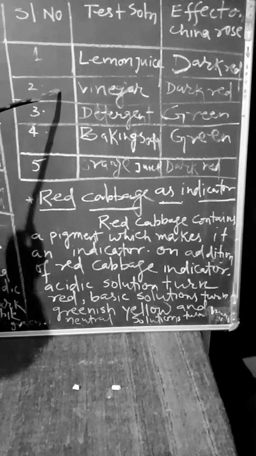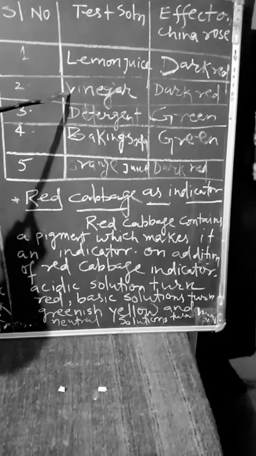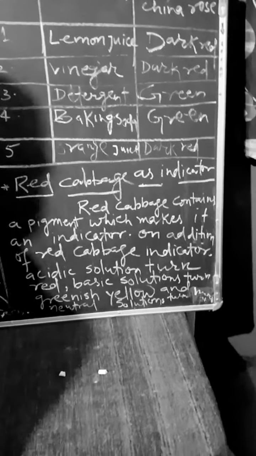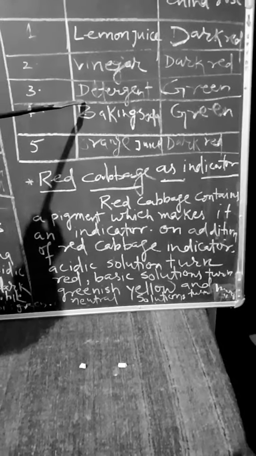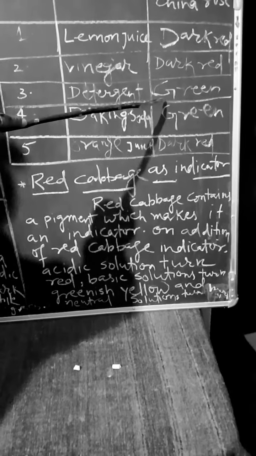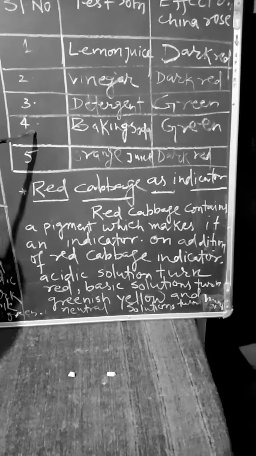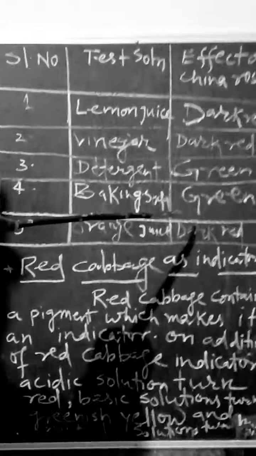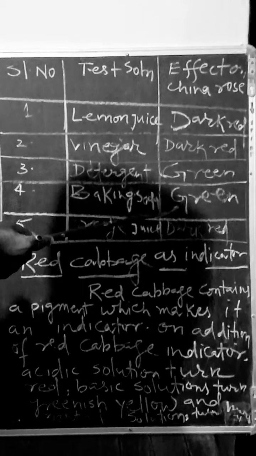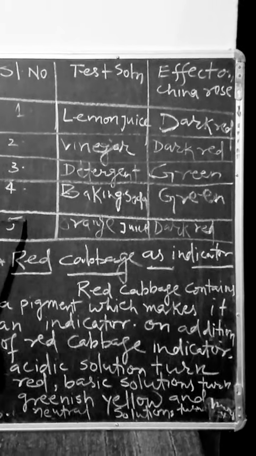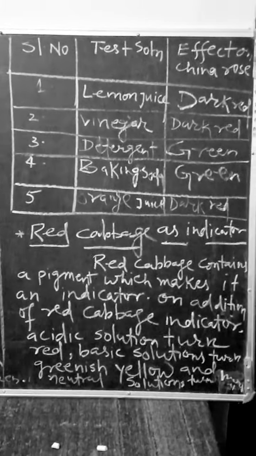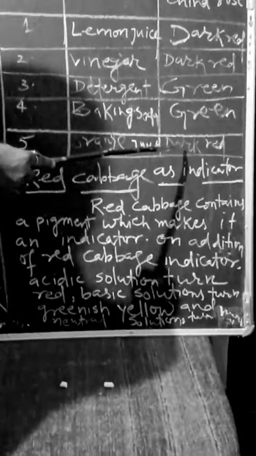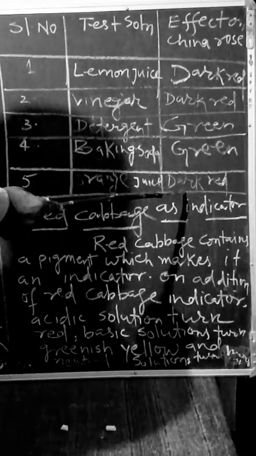Number 2, vinegar: it becomes dark red. Number 3, detergent: it becomes green. Number 4, baking soda: it becomes green. Number 5, orange juice: it becomes dark red in color.